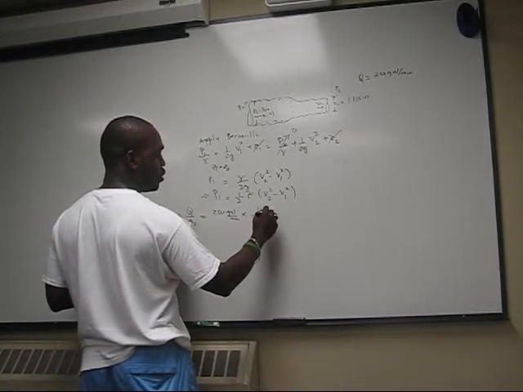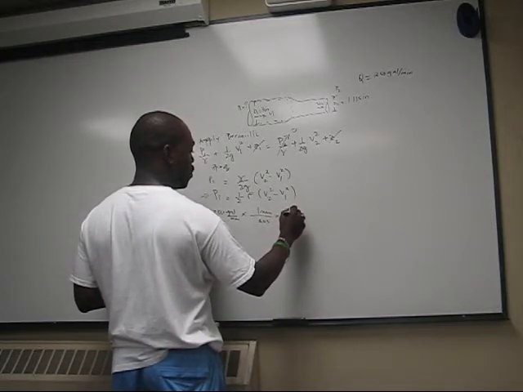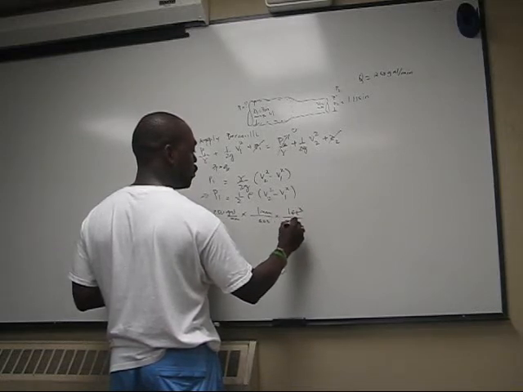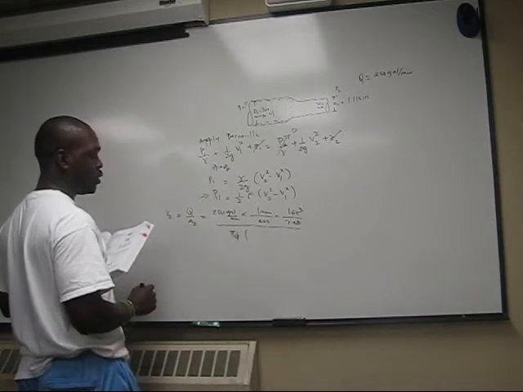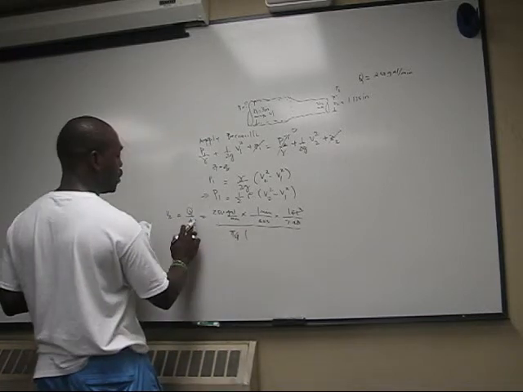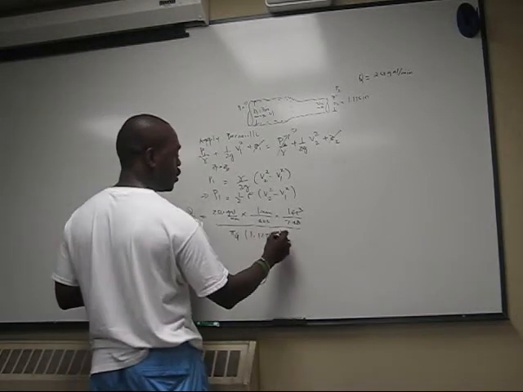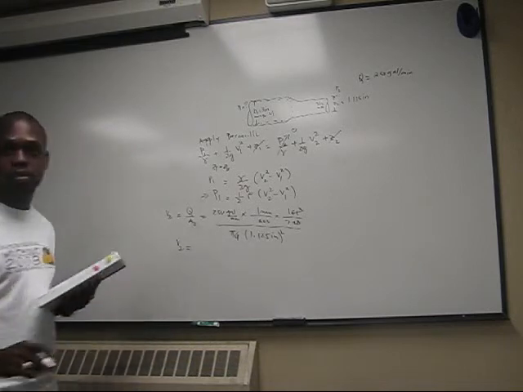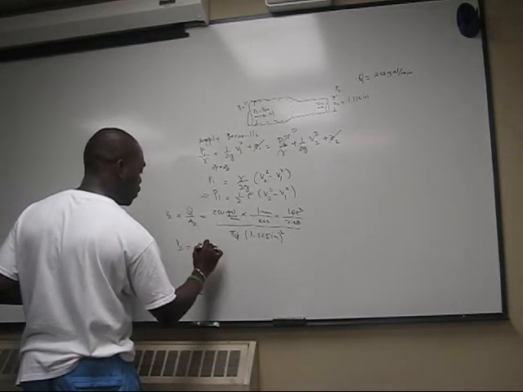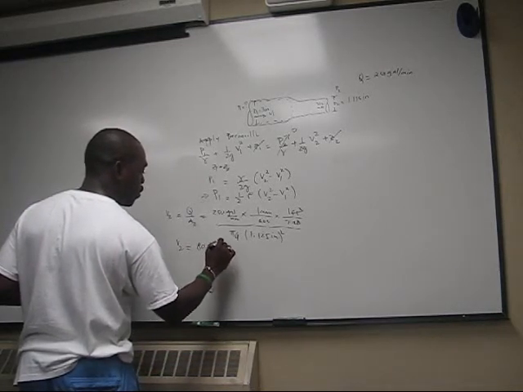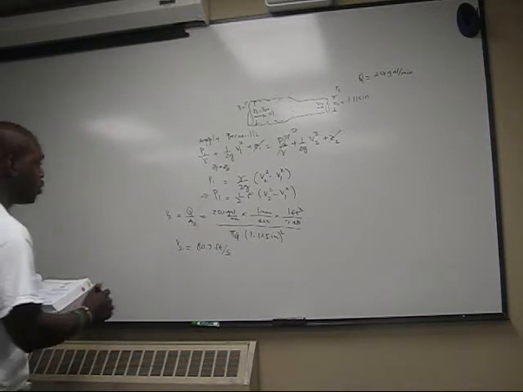So 1 minute equals 60 seconds, and we know 1 cubic foot equals 7.48 gallons. Everything goes over this area, which we know is 1.25 inches squared. So the velocity turned out to be 80.7 feet per second.